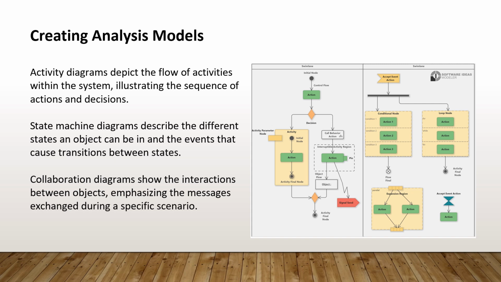Condition 1, action 1, condition 2, action 2, condition 3, action 3. The loop node: there are three actions here. Flow final, activity final node, expansion region action, action, accept event action.